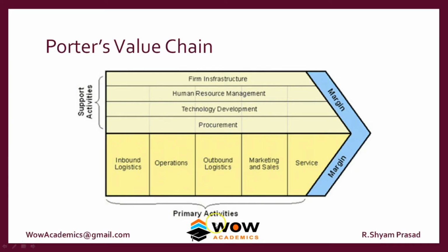In outbound logistics, we could use technology like tracking where the food delivery person is going. In marketing and sales, we can have an app or a website. So technology development is throughout the primary activities.